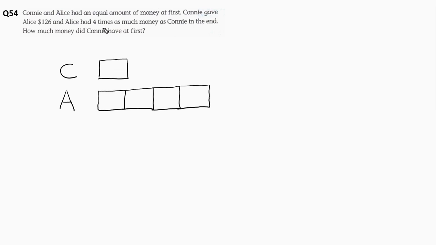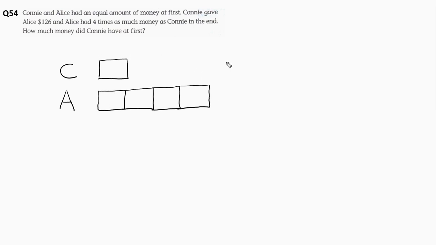But where you've got a situation where something's 4 times as much as something else, that's 5 parts. If Alice had 7 times as much as Connie, there would have been 8 parts in the model, for example. Okay, so start to notice that. Right, so this is what we've got, and this is the situation we had at the end.